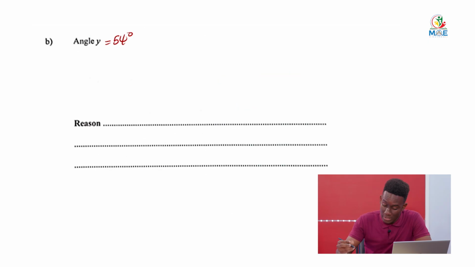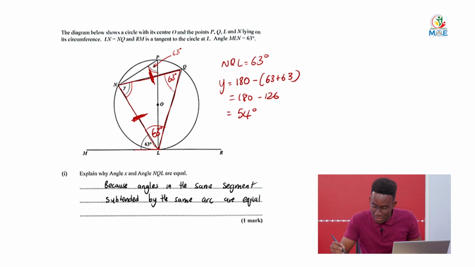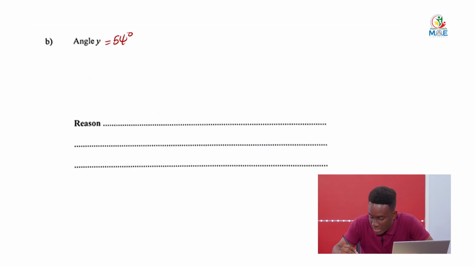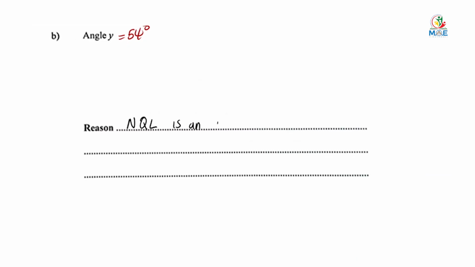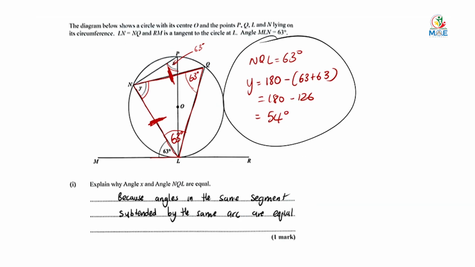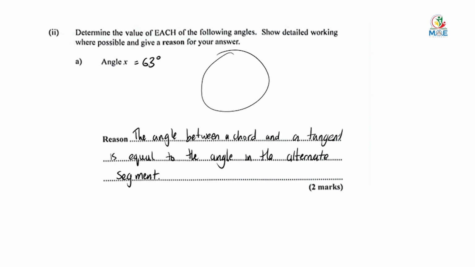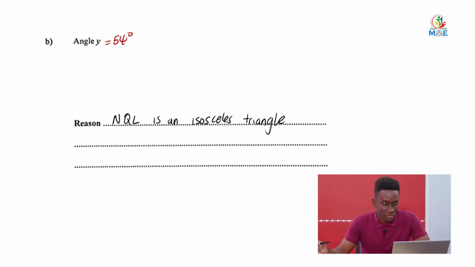And our reason would be NQL is an isosceles triangle, and we already showed our calculation here. So this will be the calculation that you will put over in this space, and that's where you'll get your full marks for this question.